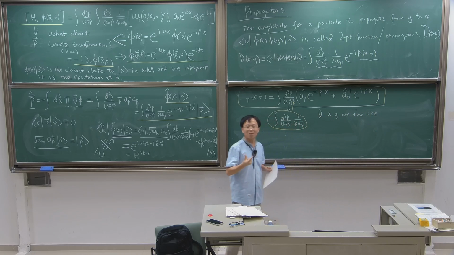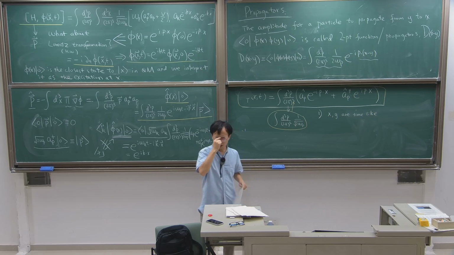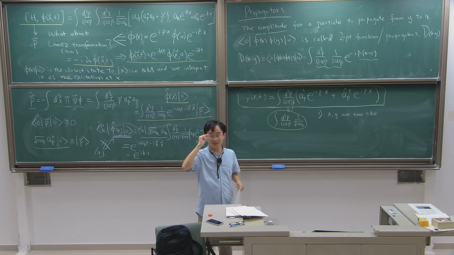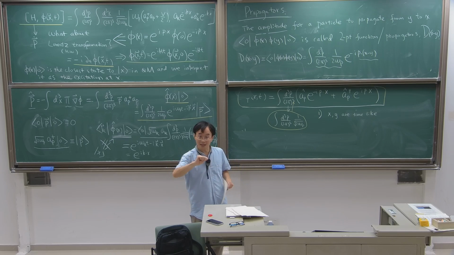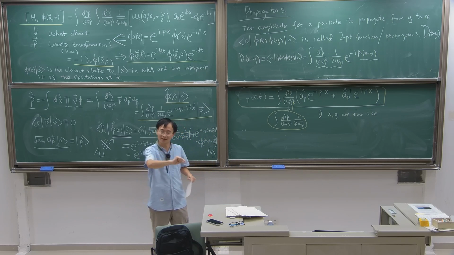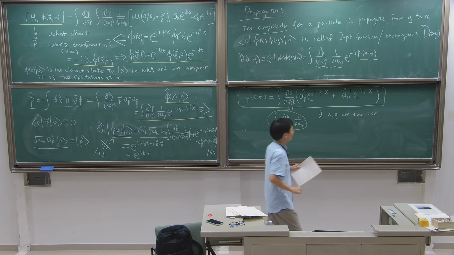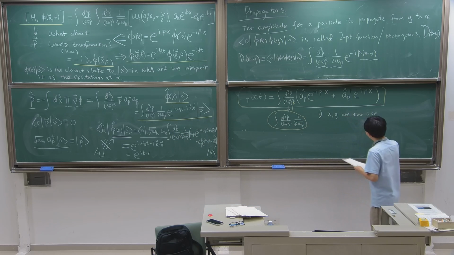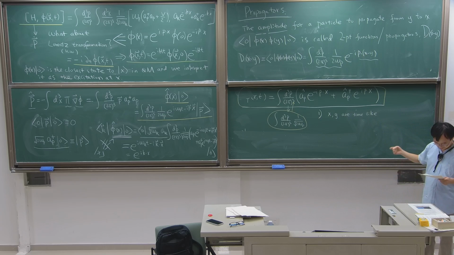This is about the physical quantity associated with two different space-time points, x and y. x and y are Minkowski space-time points, not only space or time, it's both space and time. 2 points.